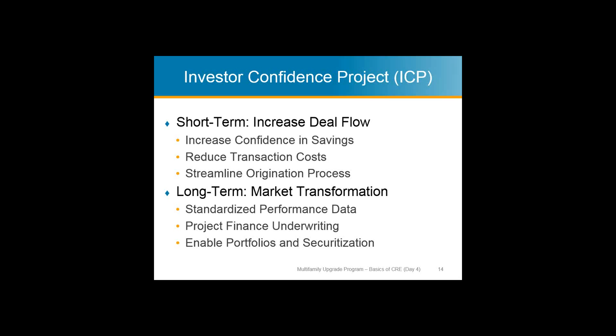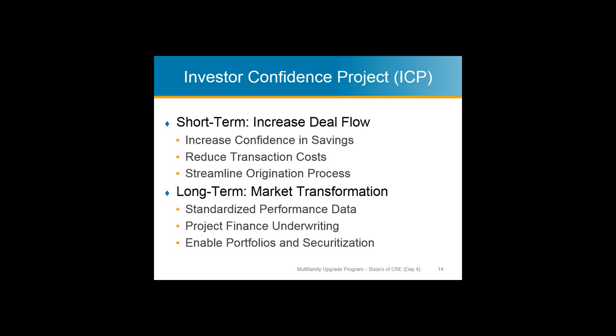So it becomes more of a transactional item, similar to your due diligence checklist, where it almost becomes an afterthought. The bank is asking for a phase 1, the bank is asking for a PCA. The ICP protocol becomes something that just is ubiquitous with financially sound energy efficiency project implementation and subsequent underwriting.